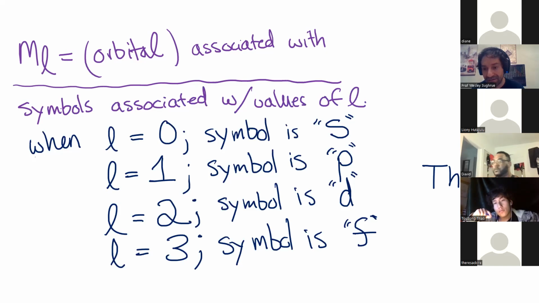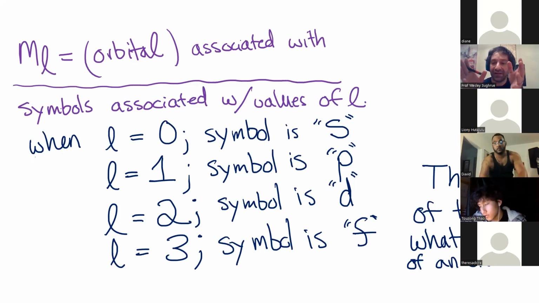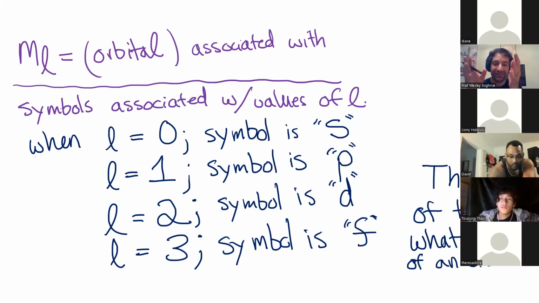One other thing, the value of L ends up telling us what the shape of an orbital is. You know how you go to those neighborhoods that all have identical houses?